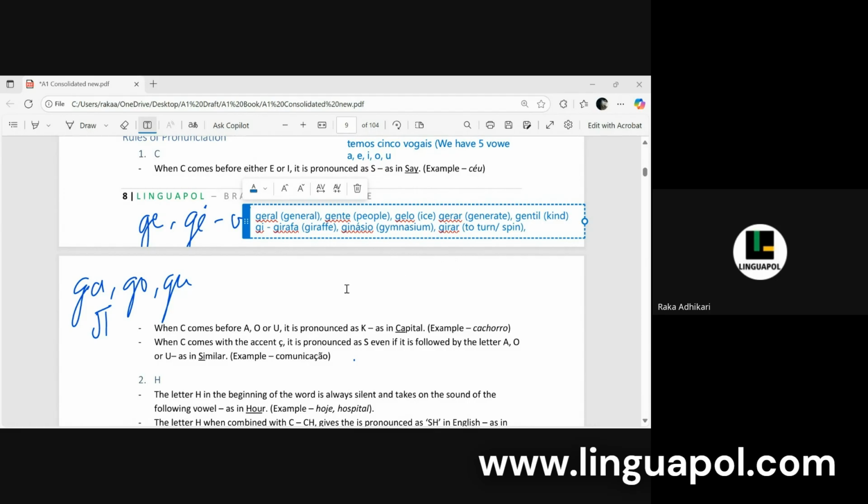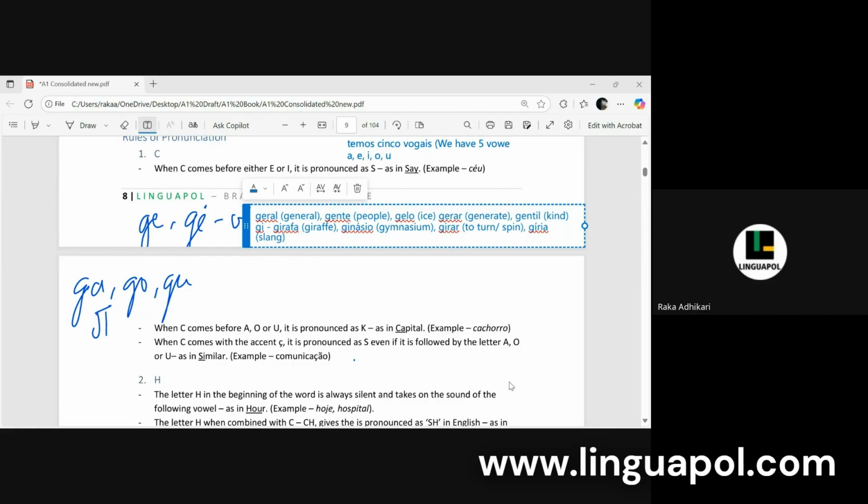Then let's take gíria, a very commonly used word. Gíria means slang. So slang doesn't only mean abusive language, it's just popular language. For example, we say the word cool.